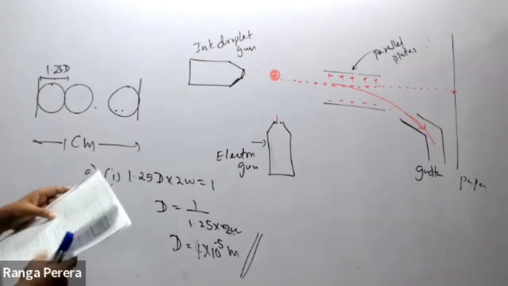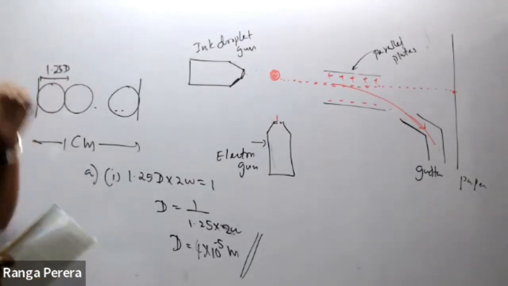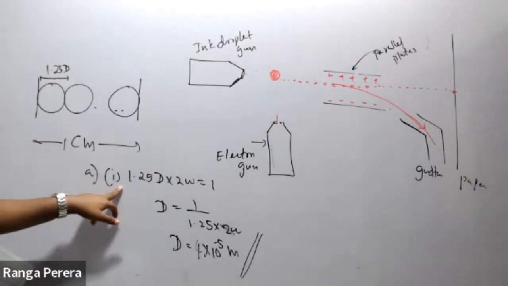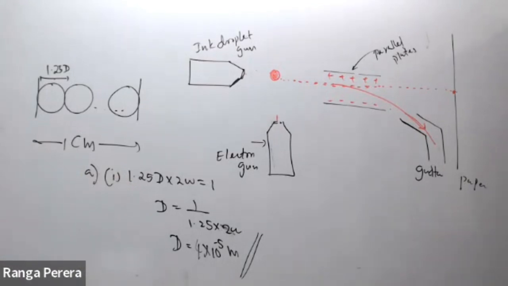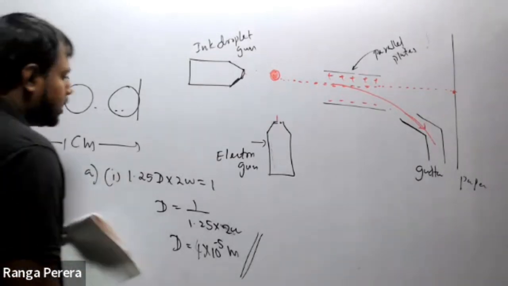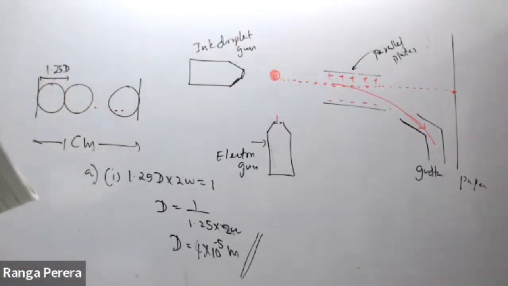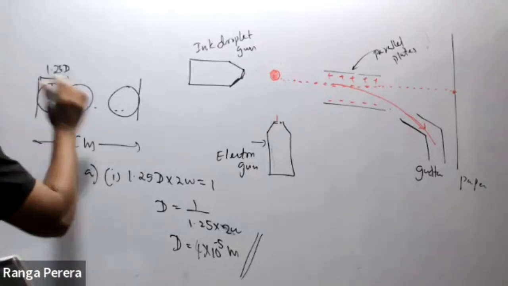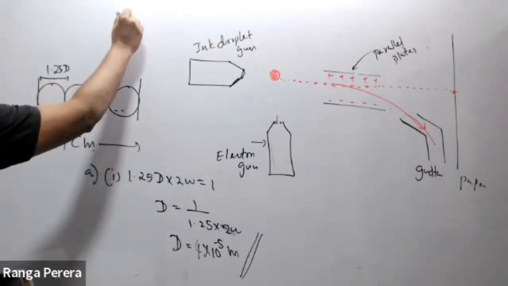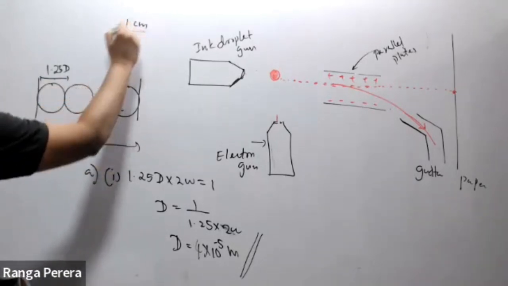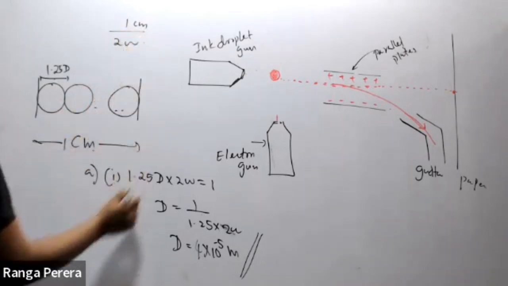Right, so the diameter of a drop. Simple A, part 1. The diameter of a dot on the paper equals the diameter of the dot. The diameter of a dot on the paper: we have 200, so 1 centimeter has to be divided by 200.